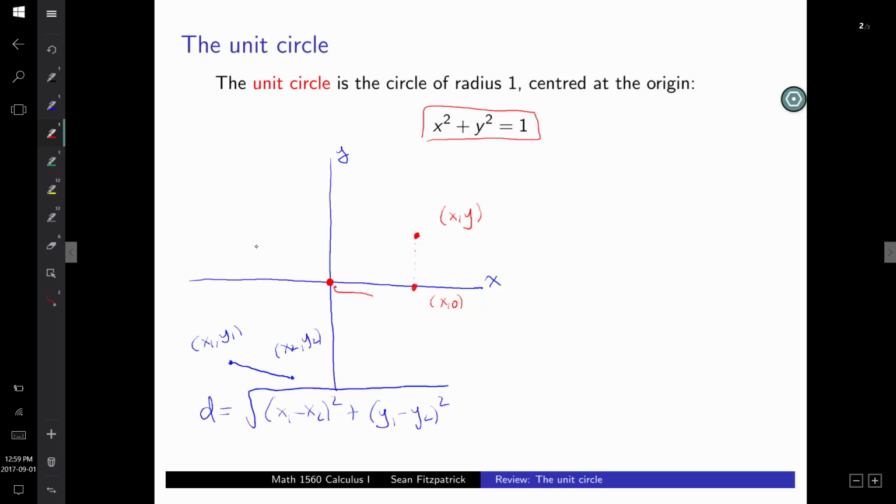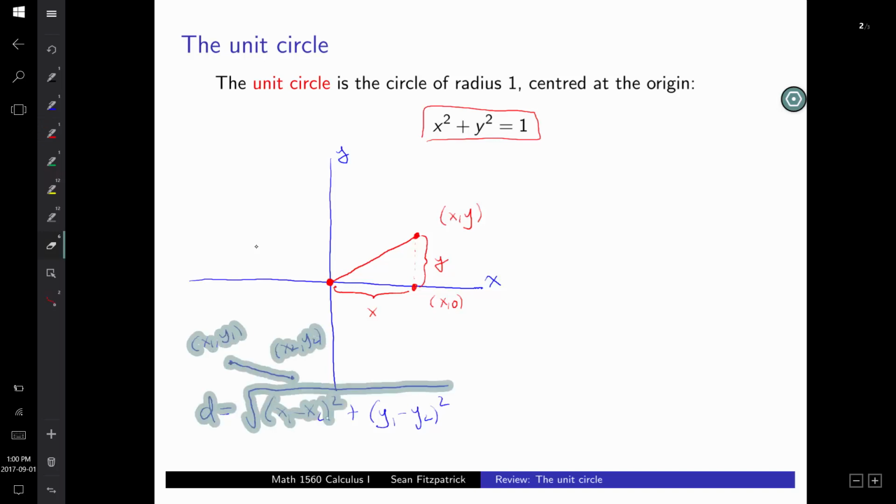So I know that this length here is x, and this length here is y. And the distance I want from the origin, the radius of my circle, is given by the Pythagorean theorem: the square root of x squared plus y squared. And I want x squared plus y squared to equal 1, radius 1, and that's where the equation of our circle comes from.